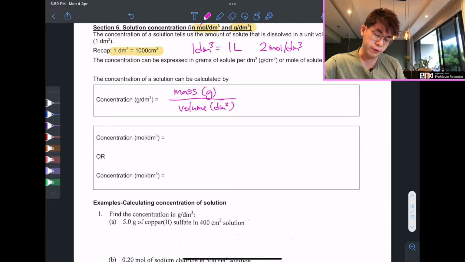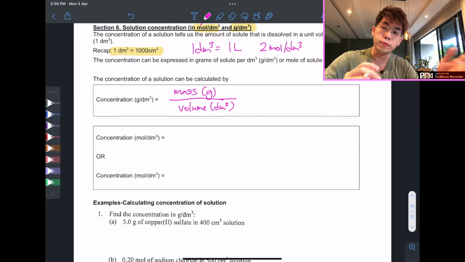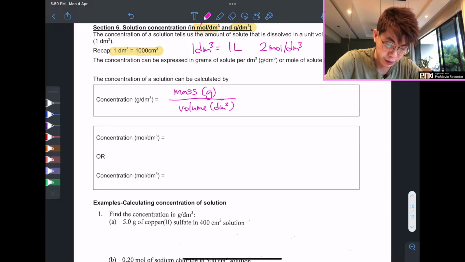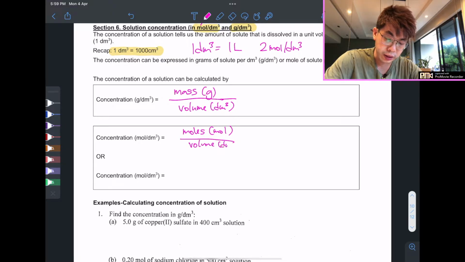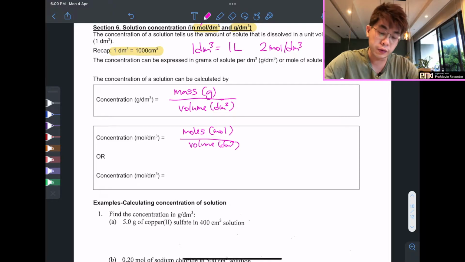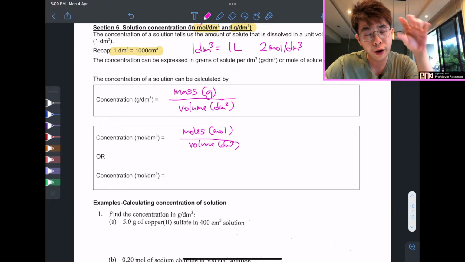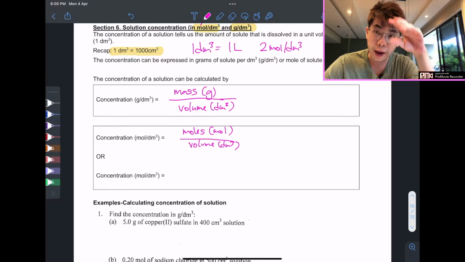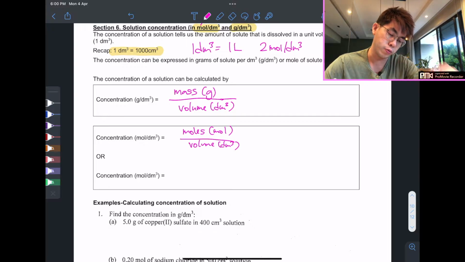And if we want to find the concentration in mole per dm cube, it will just be the number of moles divided by the volume in dm cube. However, we also have another way to calculate this, knowing that gram divided by Mr, the molar mass, equals mole.